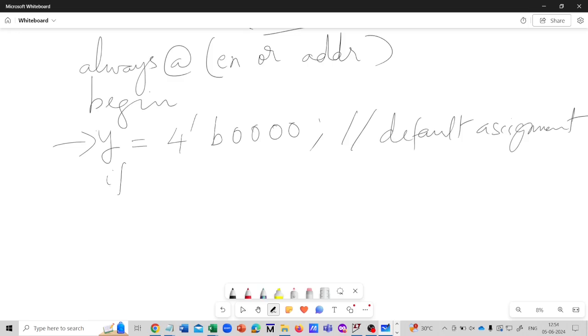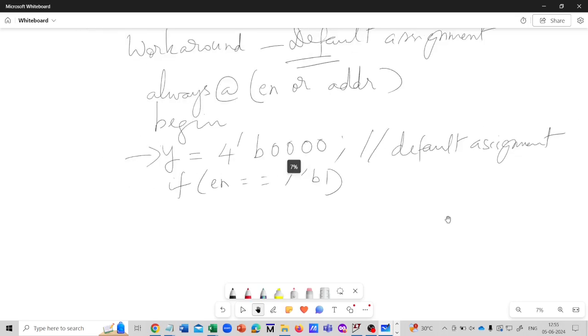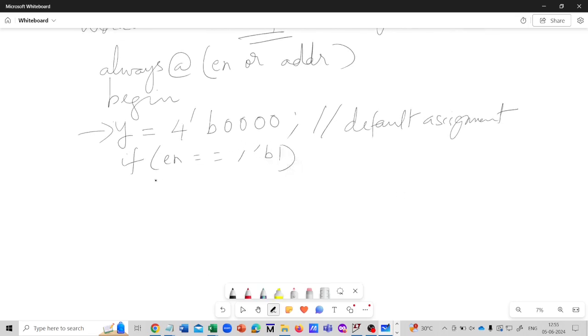Now we can reproduce the same block that we used earlier. That is, if enable is equal to 1, we get on with the same case block. It is absolutely the same now. The only difference that we have introduced is the insertion of the default assignment.